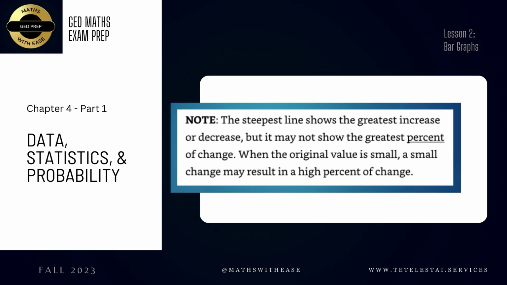So yeah, I'll just read this again. The steepest line always shows the greatest increase or decrease, but it may not show you the greatest percentage of change. So when the original value is small, a small change may represent a high percent of change. And we saw that when we were dealing with decimals, right? We saw that when we divided a small decimal by a whole number, we got a number that was higher, right?